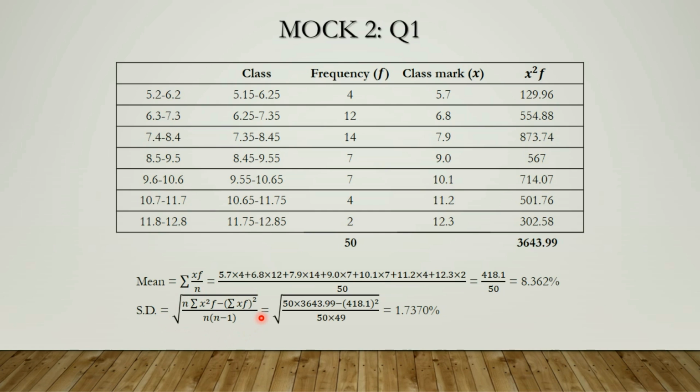Here is the formula from the textbook, page 23, and we apply the different figures from this table. n refers to 50, and the summation of fx is the numerator of the mean. We divide by n minus 1, that is 50 minus 1, and then we take the square root.